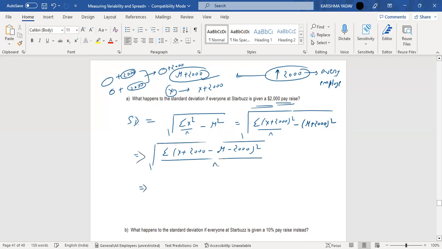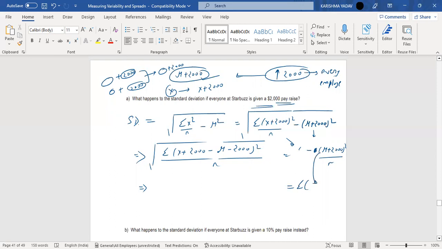Understand this? We can write it like this because this is also n by n. I can write this like minus n into mu plus 2000 whole square divided by n, and this n works for my summation part. If we take this whole part into the summation, this n will clear out.